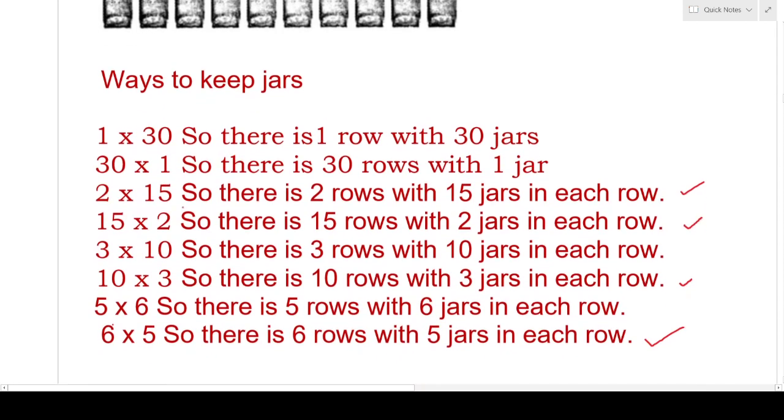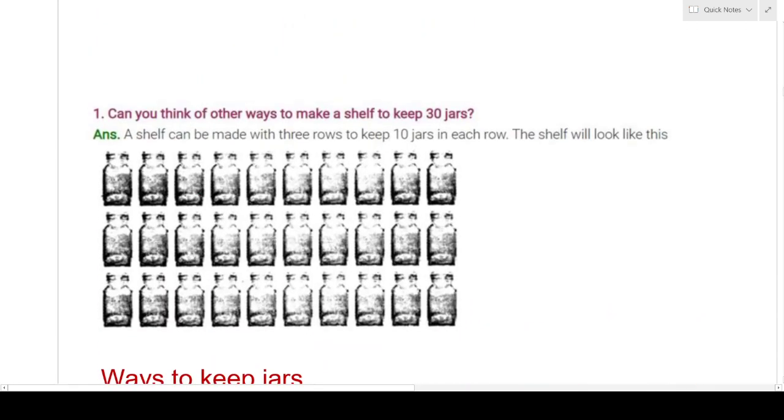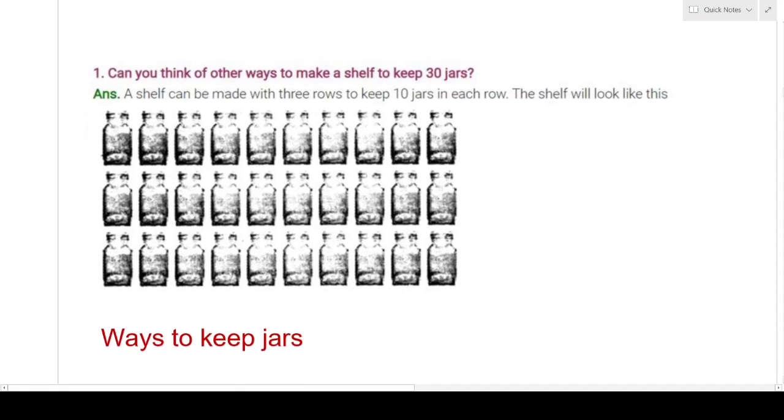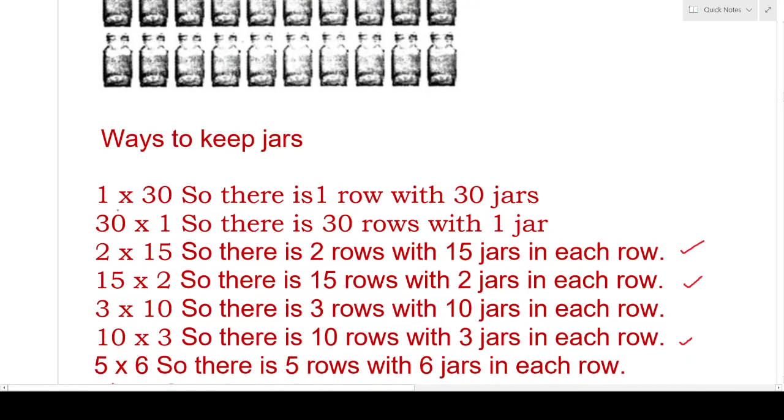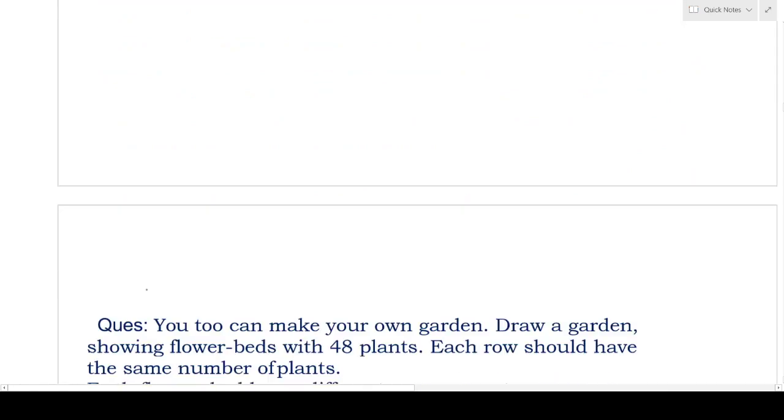What you have to do here is arrange these jars in such a way that the total will be 30. You can see here 1 times 30 equals 30, 30 times 1 equals 30, 2 times 15 equals 30, 15 times 2 equals 30. First I have written rows here, jars here, then this 30 will be shifted over here. Moving to the next page.